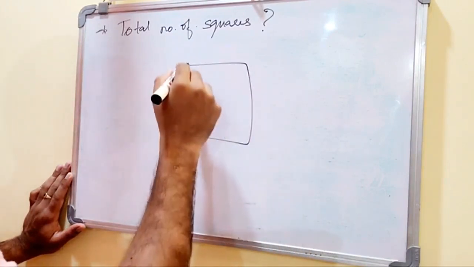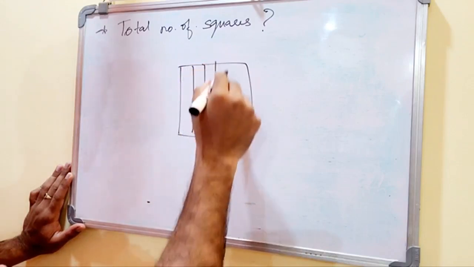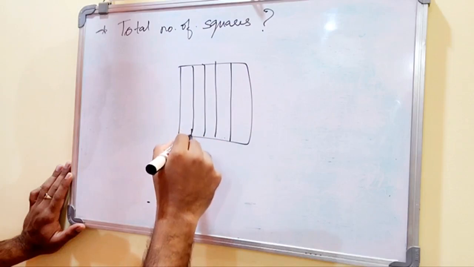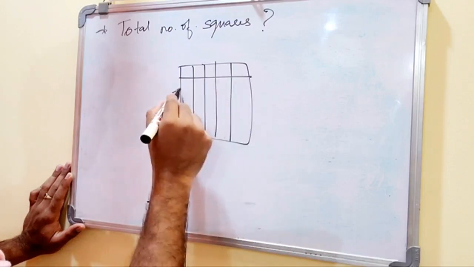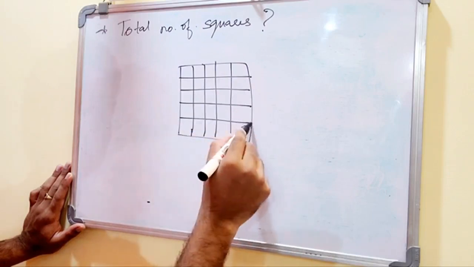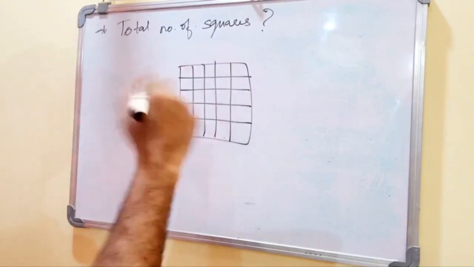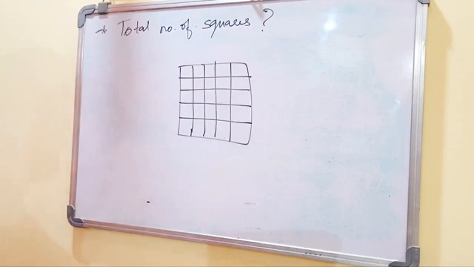So this is a square and there are lots of squares inside this. So there's a trick to find the total number of squares when the given figure is a square.